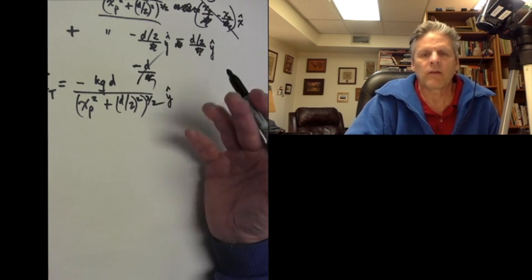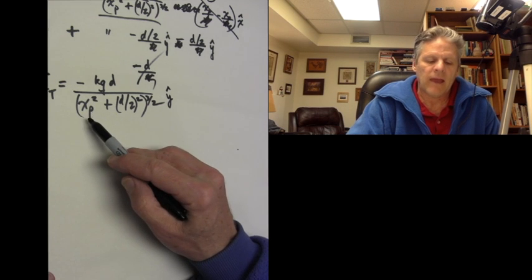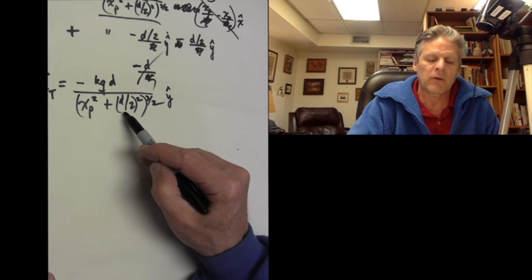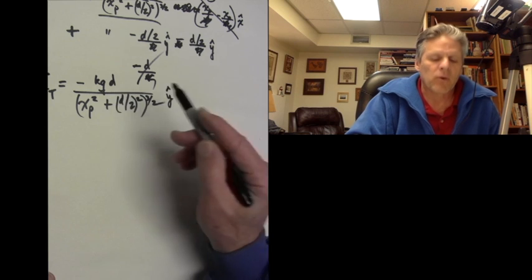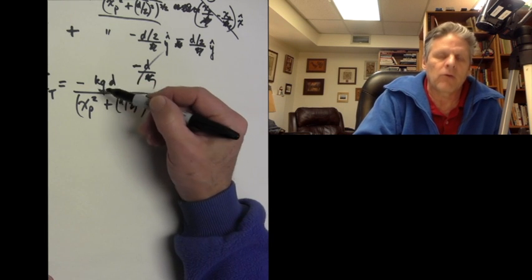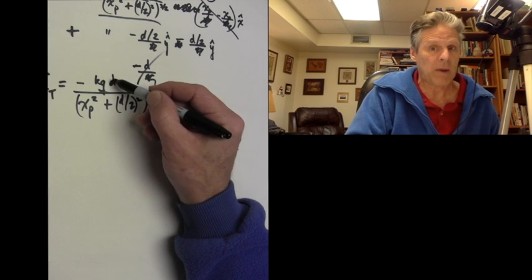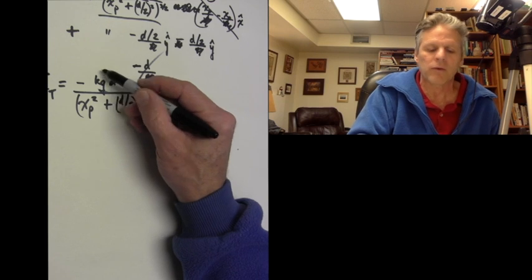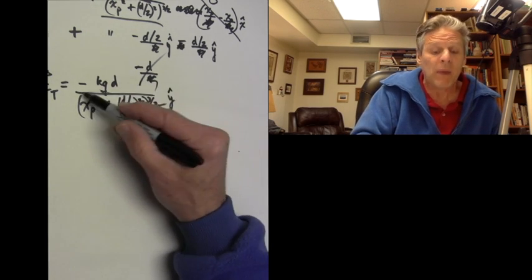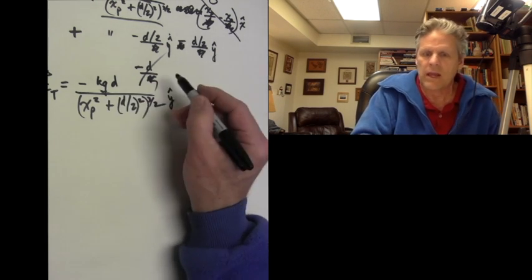And then the question is, what happens to this as x sub p is very large compared to d? Well, remember, this d is all by itself up here. What I mean is there's nothing to compare it to. So if d is a small number, this whole thing will be small, but there's no big number there to offset it. So you can't ignore that.